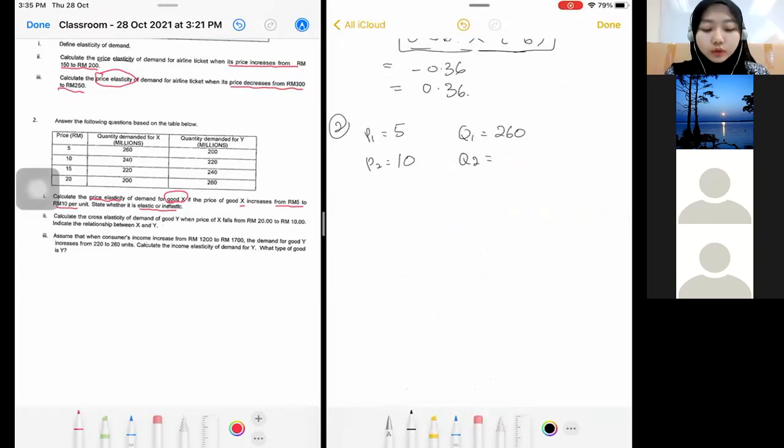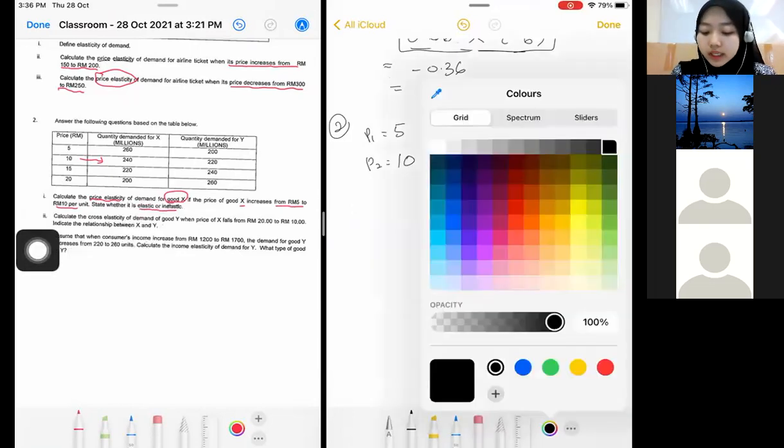Q2 again. Your Q1 is 260. So when the price is at 10 ringgit, your Q2 is 240. Okay, once you have taken out all your important information, now place the numbers in your formula.